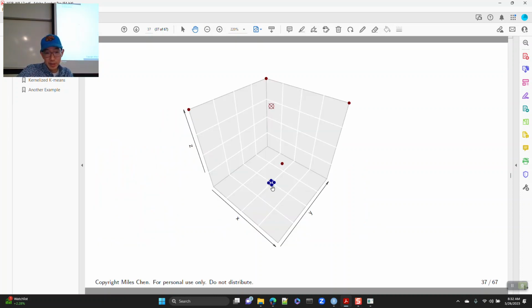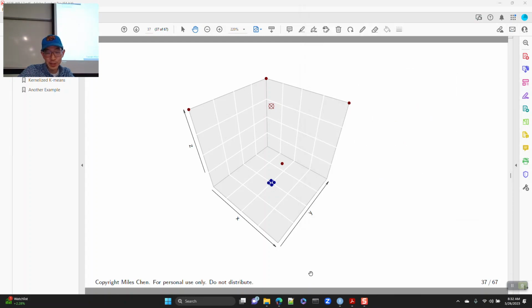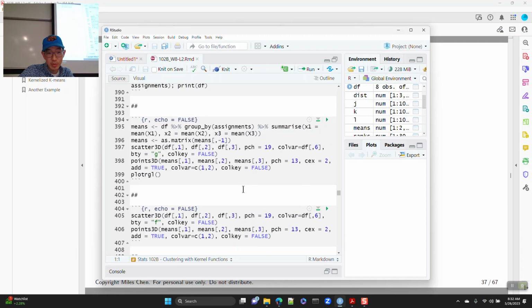And so the resulting plot, this is on the surface of the box. Did I plot it? I did.